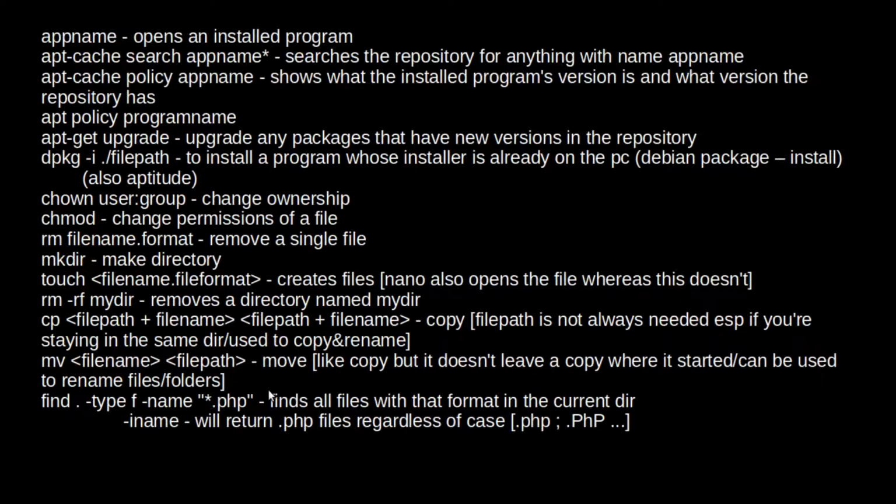Again, if you move the file or the folder to the same directory, you specify another name, and then it's used instead of a rename function, which is kind of interesting to me, because it means you don't need a rename function. If you want to rename a file, you can simply use a move function or a copy function.